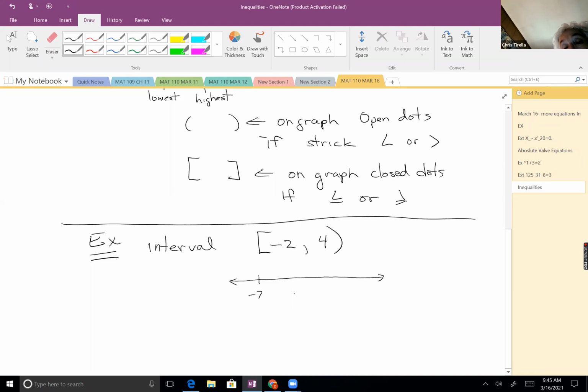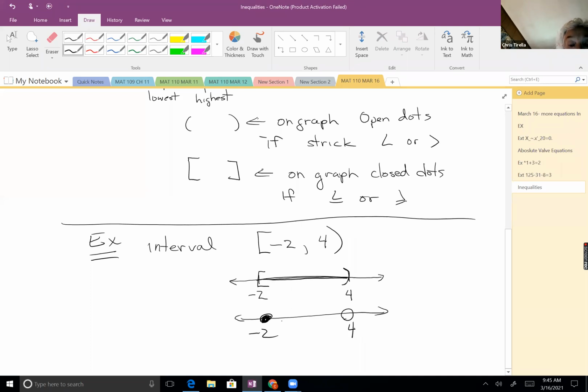If the lower limit is -2, the upper limit is 4. Because that's square, we could put a square bracket at -2, soft at 4. Or we could look at that as having a closed dot at -2, an open dot at 4.